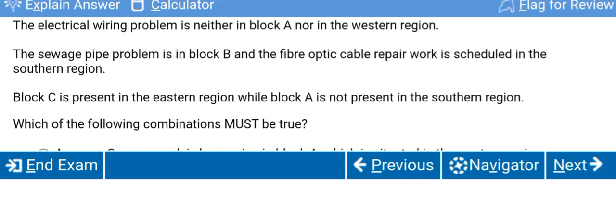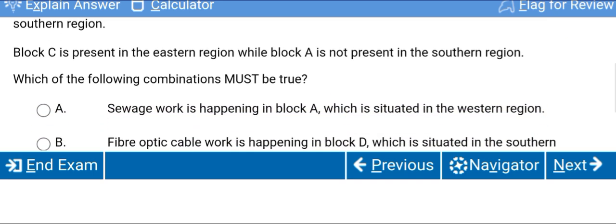Block C is present in the eastern region while Block A is not present in the southern region. Which of the following combinations must be true? Option A, sewage work is happening in Block A, which is situated in the western region.